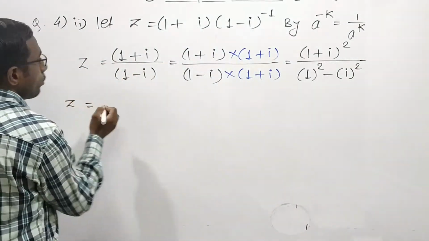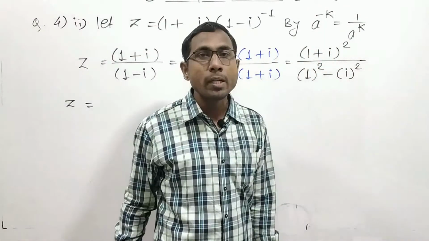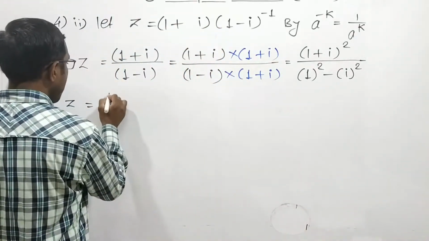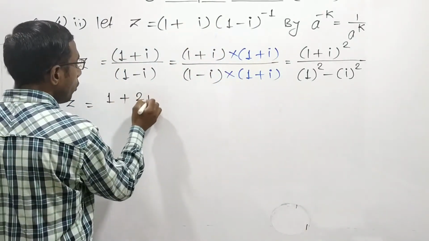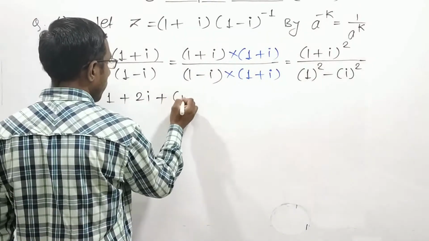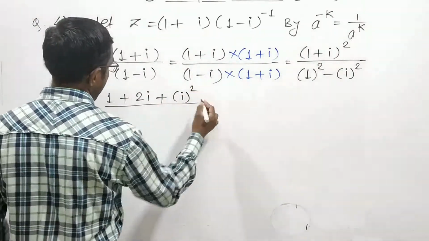So z is equal to, expanding the numerator with the help of (a plus b) whole square, a square is 1, plus 2 into i is 2i, plus i square.